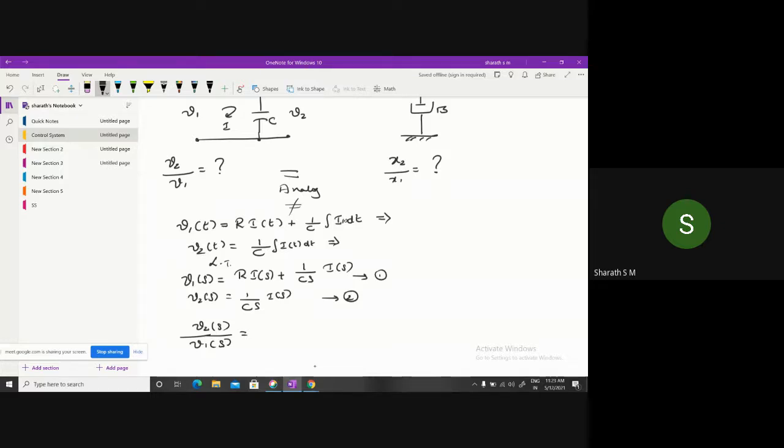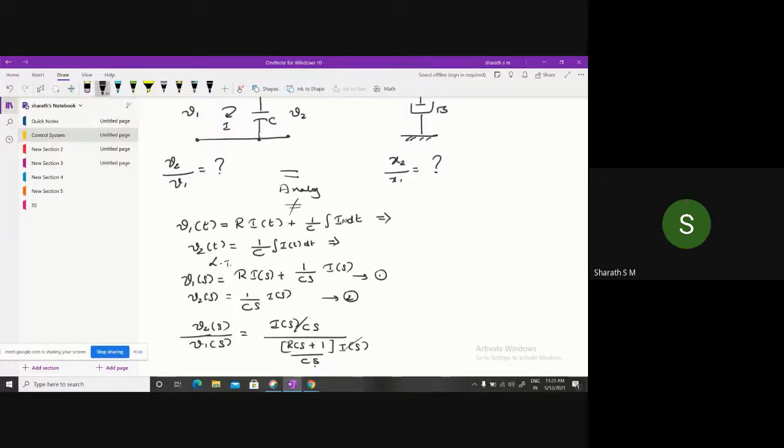So in here we have I of s over cs whole divided by I of s as a common factor, so that it remains with RCS plus 1 whole divided by CS into I of s. So these two numerator terms cancel each other and these two denominator terms also get cancelled. It remains with 1 over RCS plus 1. So this is the first transfer function.